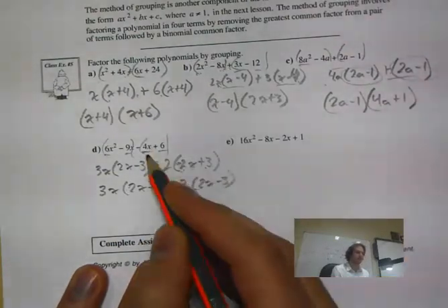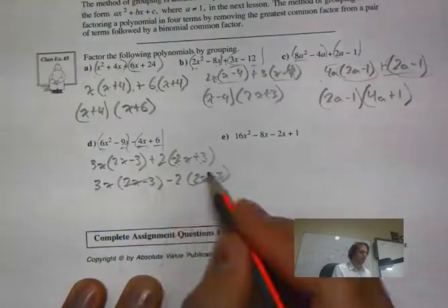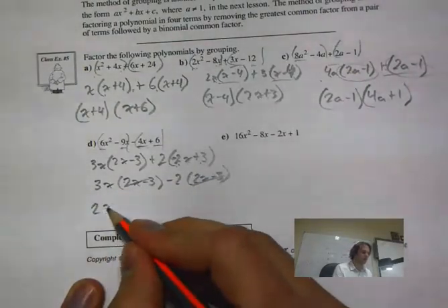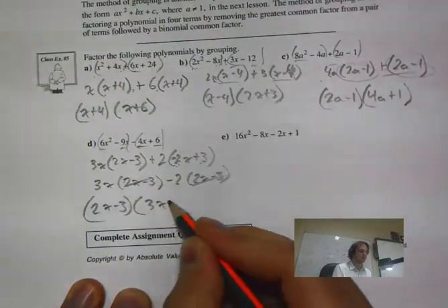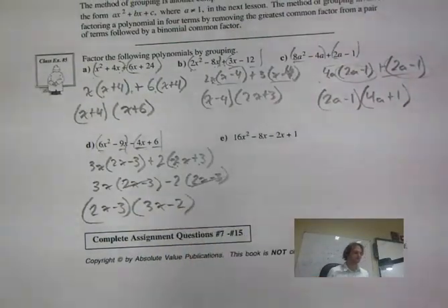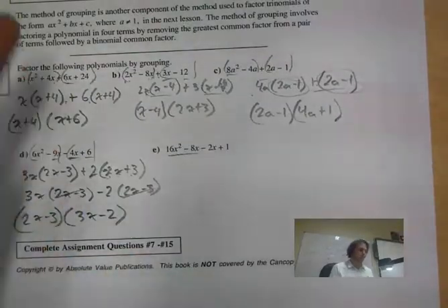Divide both of them by negative 2, and that works better. And this will cancel off with this. We can divide both by that, so I get 2x minus 3, and I get 3x subtract 2. Okay? And that's it.